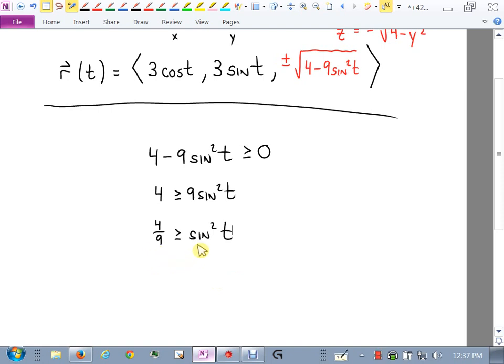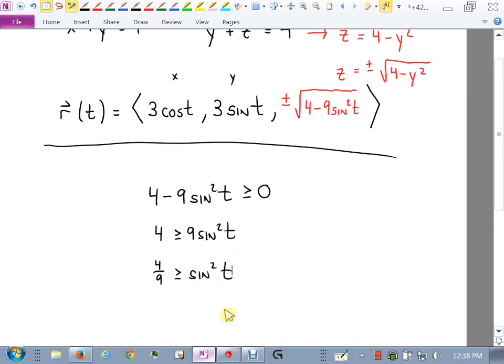And then 2/3, but you have to be careful with inequalities. You can't just take the square root on both sides. You have to do a little bit more work than that. You have to actually convert it to an equation first, solve it, and then check test intervals and stuff. I'm not going to go through all that work. I'm just going to show you what the domain restrictions would be because we're out of time.